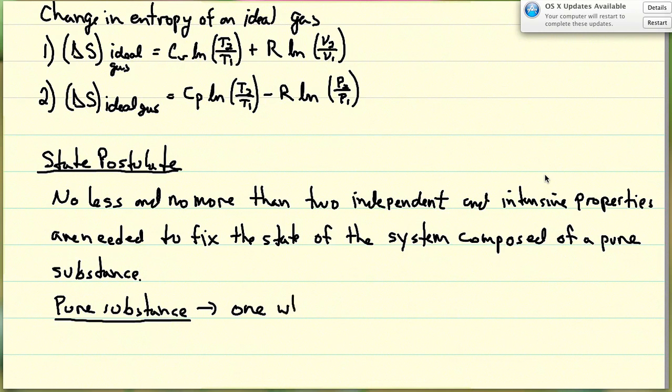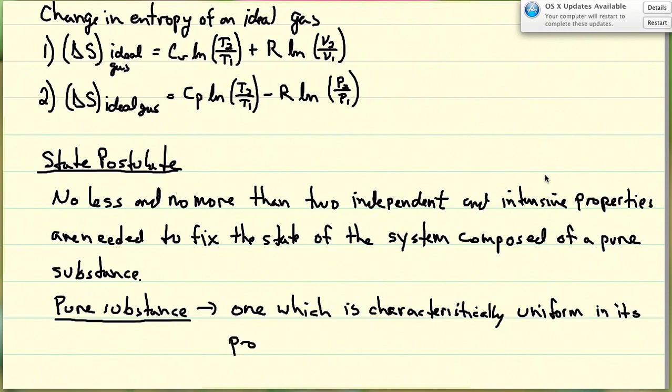So what is a pure substance? It's basically one which is characteristically uniform, characteristically the same, in its properties and behavior.